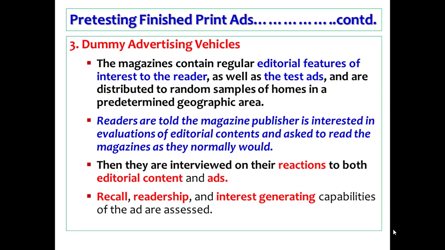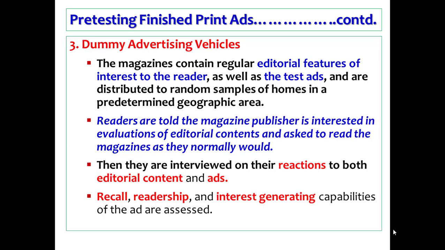The third method is dummy advertising vehicles. This is also another important method of pre-testing finished print advertisements. So here is the logic. A particular magazine which contains regular editorial features of interest to the reader is disseminated to selected readers of that magazine.